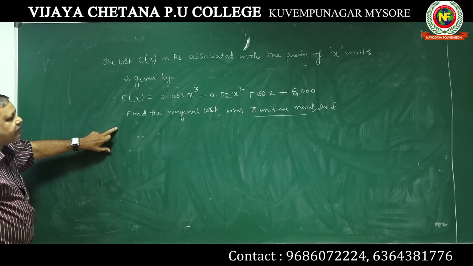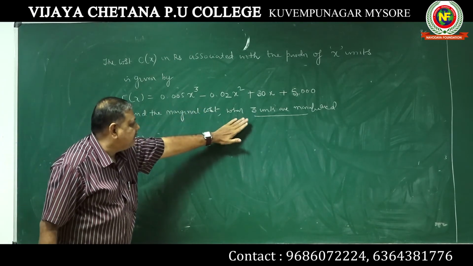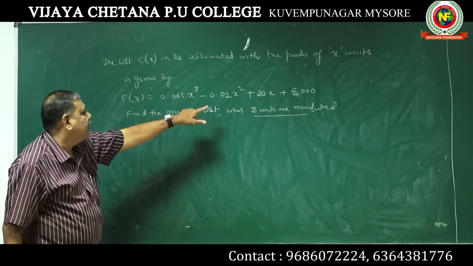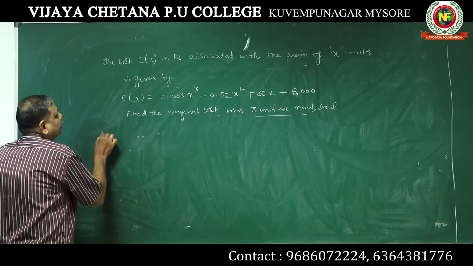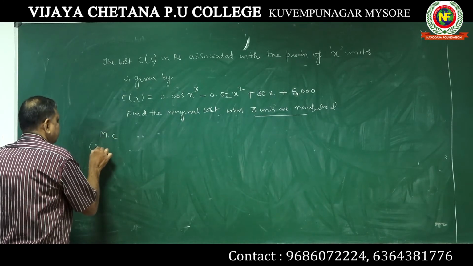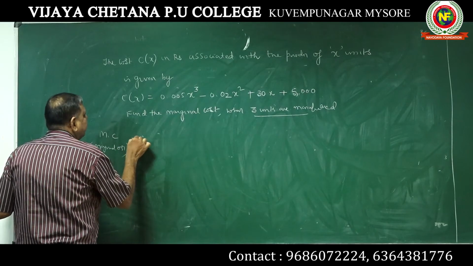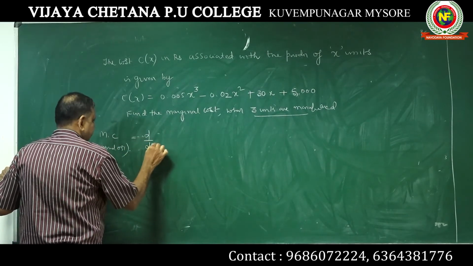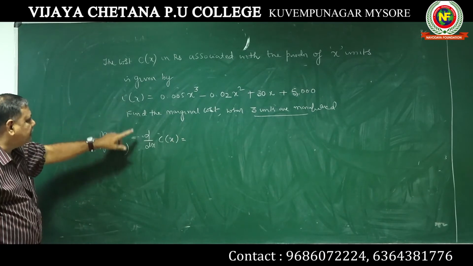d by dx of C(x). Differentiate, then when x equals 3 units, put x equal to 3, you get the answer. So you write marginal cost MC. Marginal cost is nothing but d by dx of C of x. That means differentiate this particular thing.